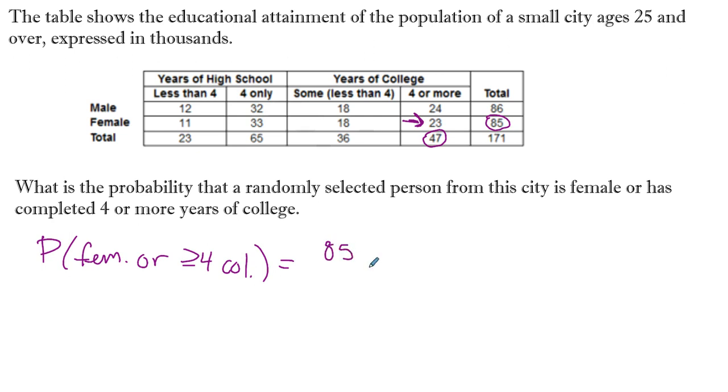So we have 85 out of the total plus 47 out of the total. But then we're required to subtract out the overlap, which is 23 over the total. This gives us 109 out of 171, so that would be the probability that this situation will occur. You can, of course, reduce this if it reduces. In this case, it is reduced all the way.